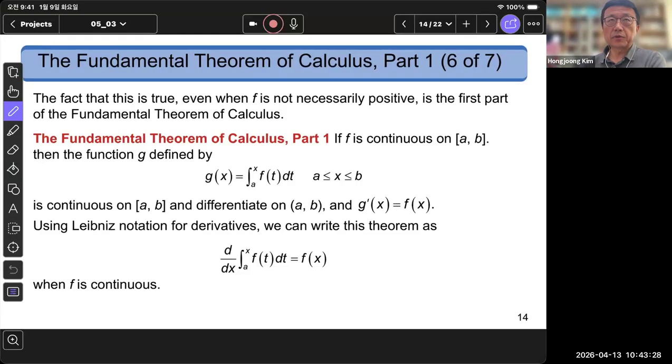And here is the first part of the fundamental theorem of calculus.